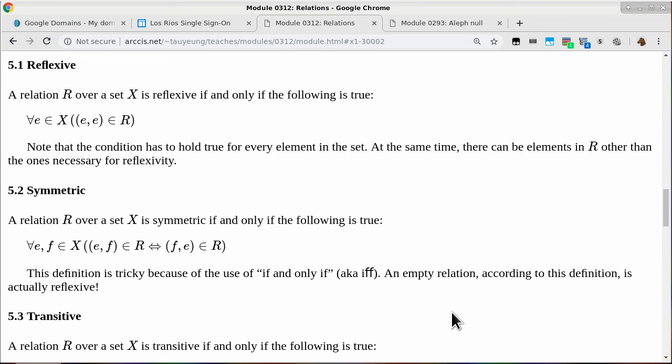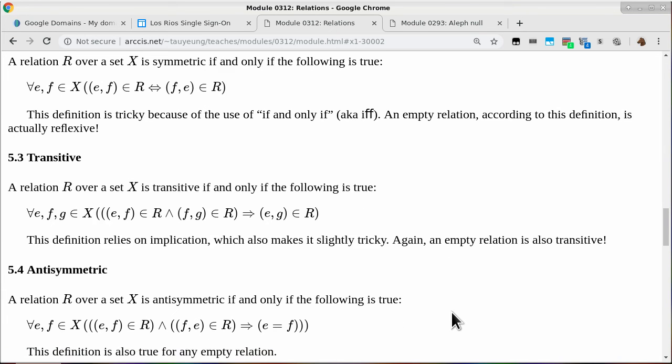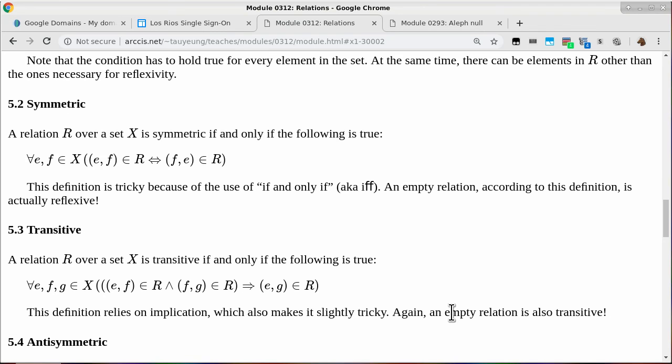Is that good? Okay. So now we move on to transitive. Transitive is actually not too difficult to understand because we already understand a lot of relations that are transitive, like less than or equal to. So this basically says choose any three things out of the set, okay? For every single way to choose three things out of the entire set, they can be the same, they can be different, two can be the same and the other one different, I don't care.